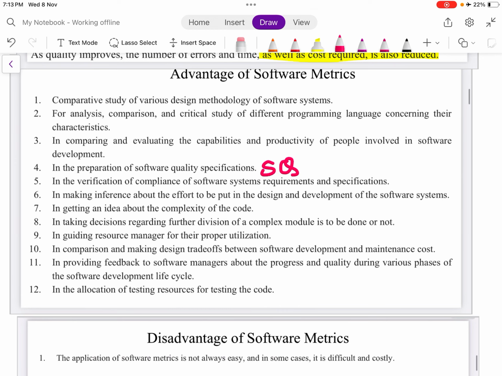In the verification of compliance of software systems requirements and specifications.